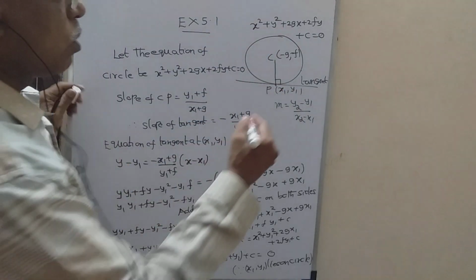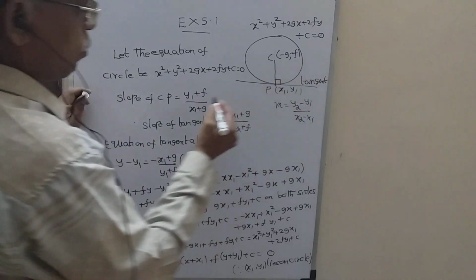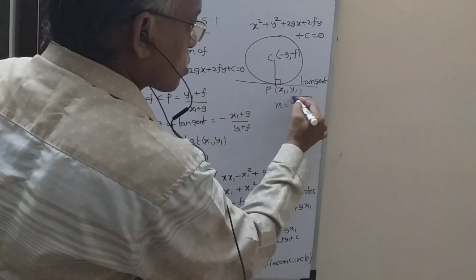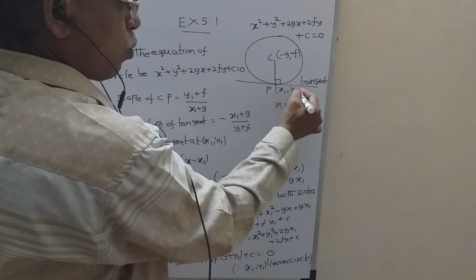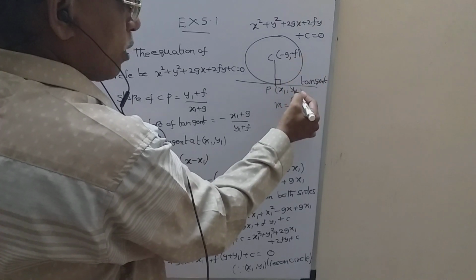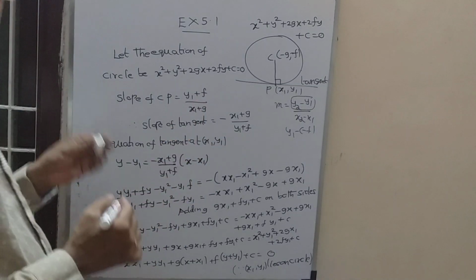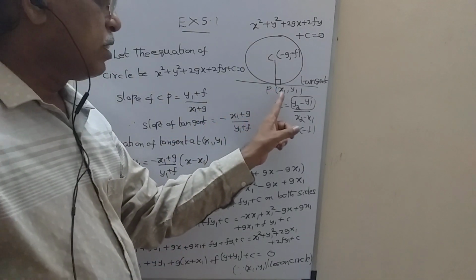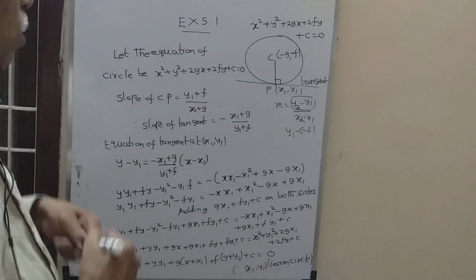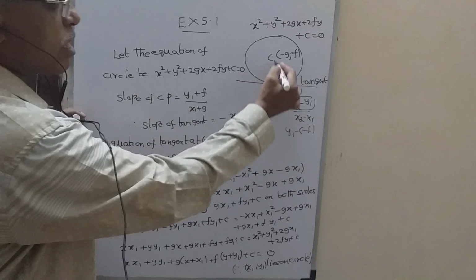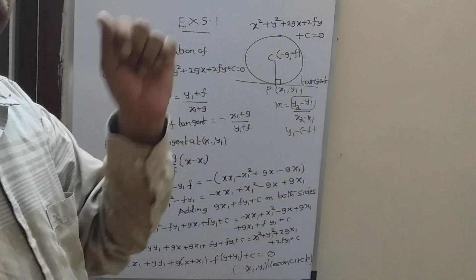The numerator is y2 minus y1, so y1 minus of minus f, so plus f, by x2 minus x1, x2 minus of minus g, so plus g. So, this is the slope of this CP. We calculated the slope of the CP by using the two-point form.